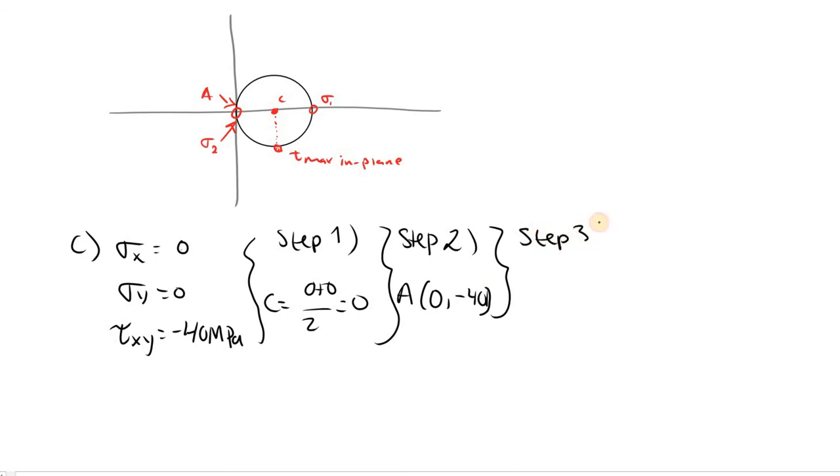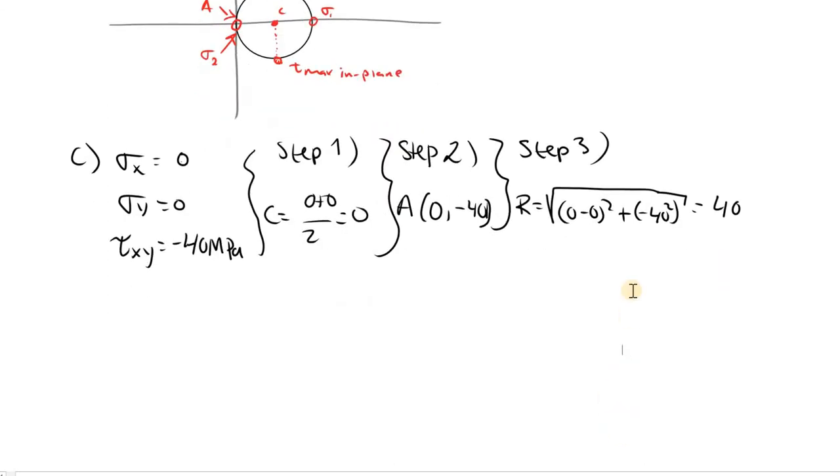Because we don't actually have that much, most of our parts are going to be 0. So the square root of 0 minus 0 squared plus negative 40 squared is simply going to be 40.